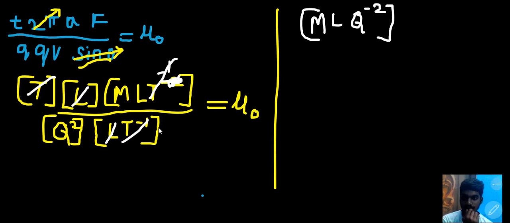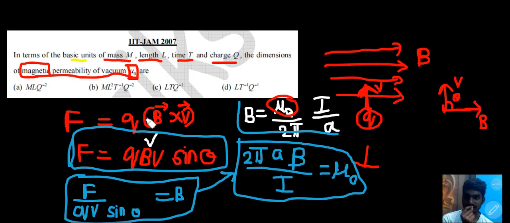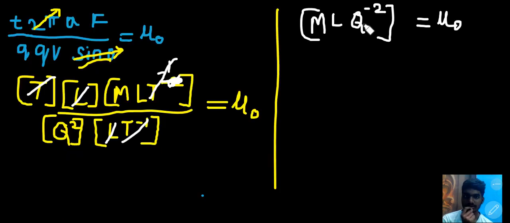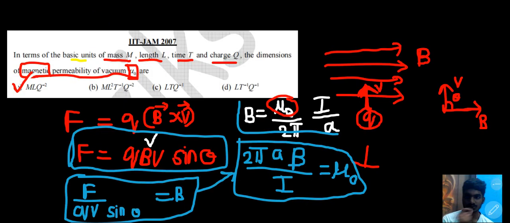When t goes up it becomes T squared into T, which is equal to mu naught. The dimension of mu naught is M L q power minus 2, which is option A, the correct answer. You can rewind it and understand the concept here.